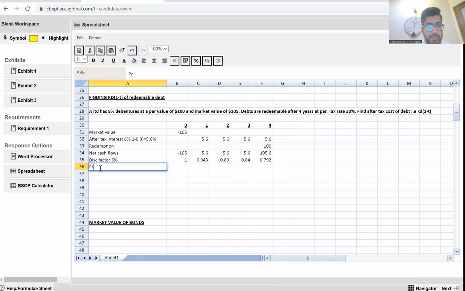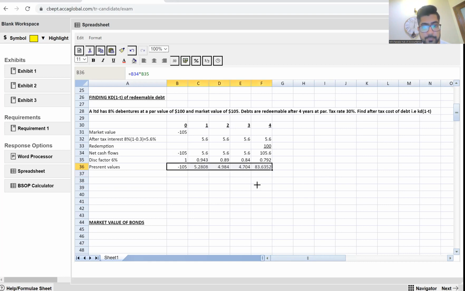Net cash flows into discount factor gave you present values. B34 net cash flow into discount factor, B35. No need to repeat, just drag. And you're going to get NPV as the sum of all, B36 to F36. So to 2 decimal places, it's negative 6.40.